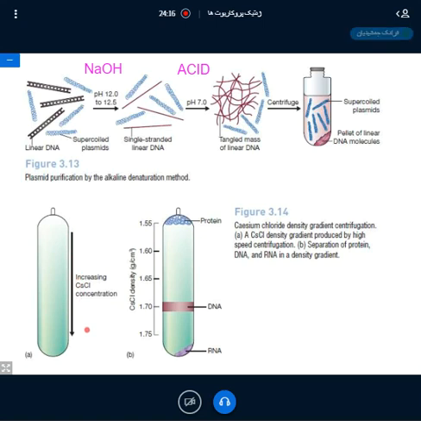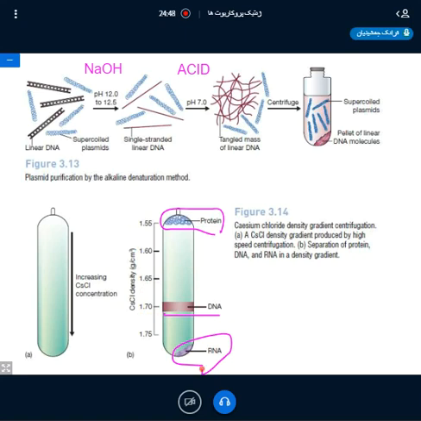After that, if we put our cell extract in the cesium chloride density gradient and centrifuge it, we have RNA at the bottom, proteins at the top, and DNA in between. At a density of 1.7, we have DNA.